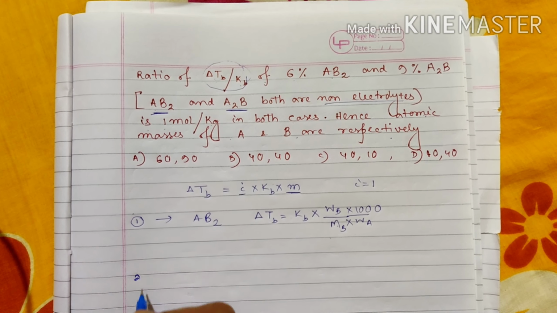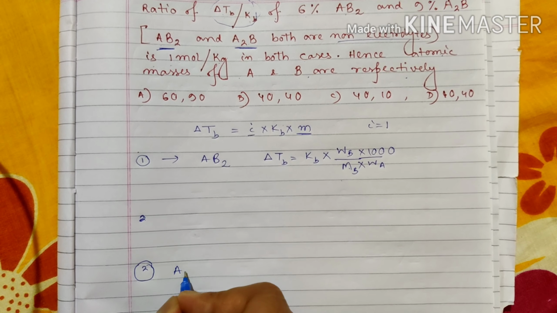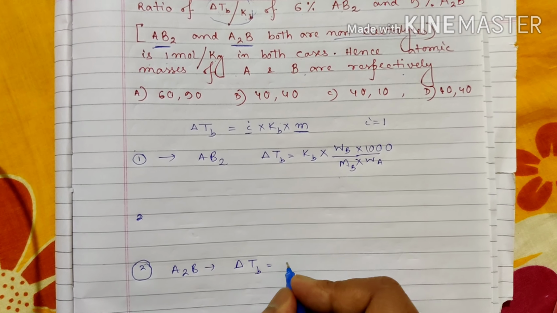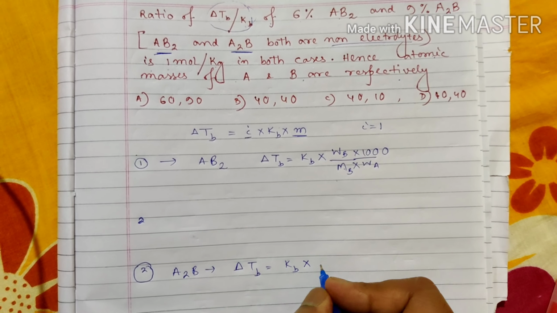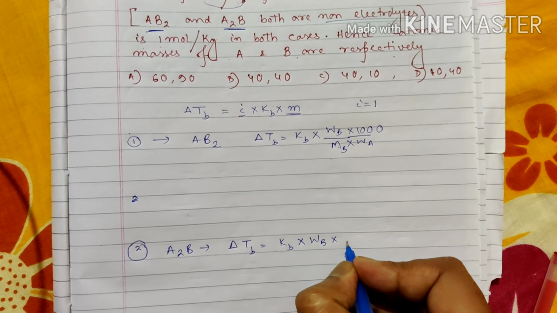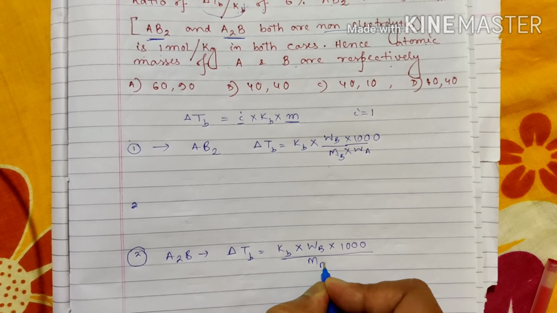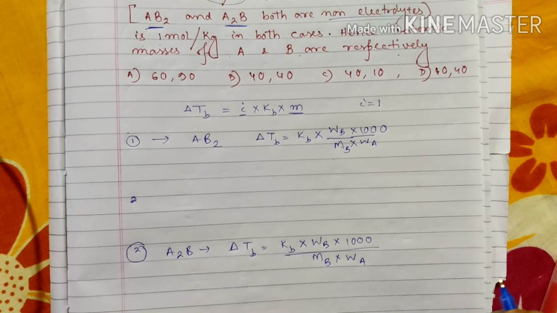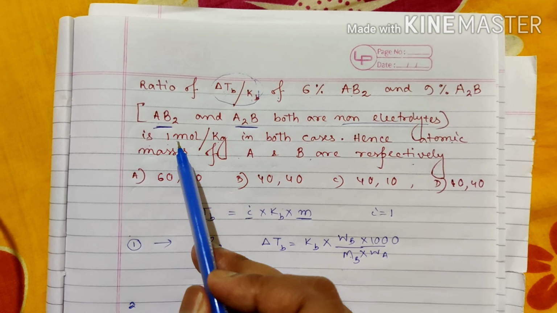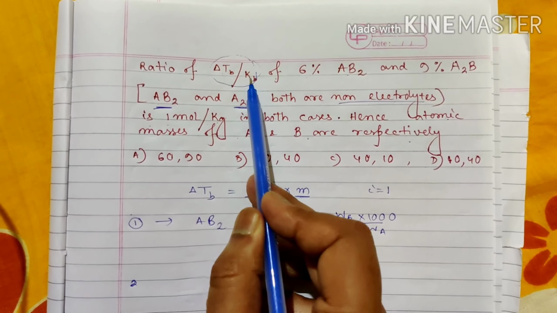And for case 2, for A2B, delta TB is equal to KB into WB into 1000 divided by MB into WA. Now let us put the values. Here it is given 1 mole per kg, that is the ratio of delta TB by KB.